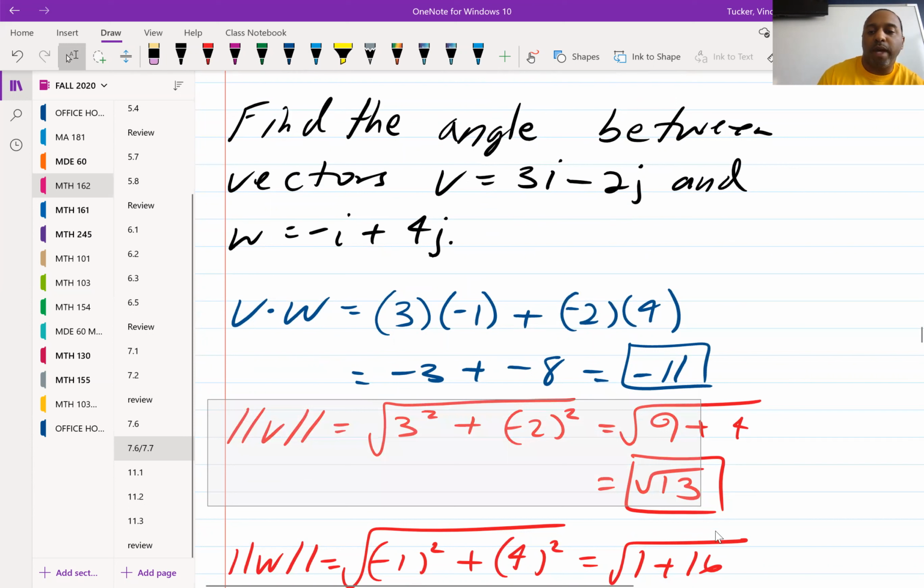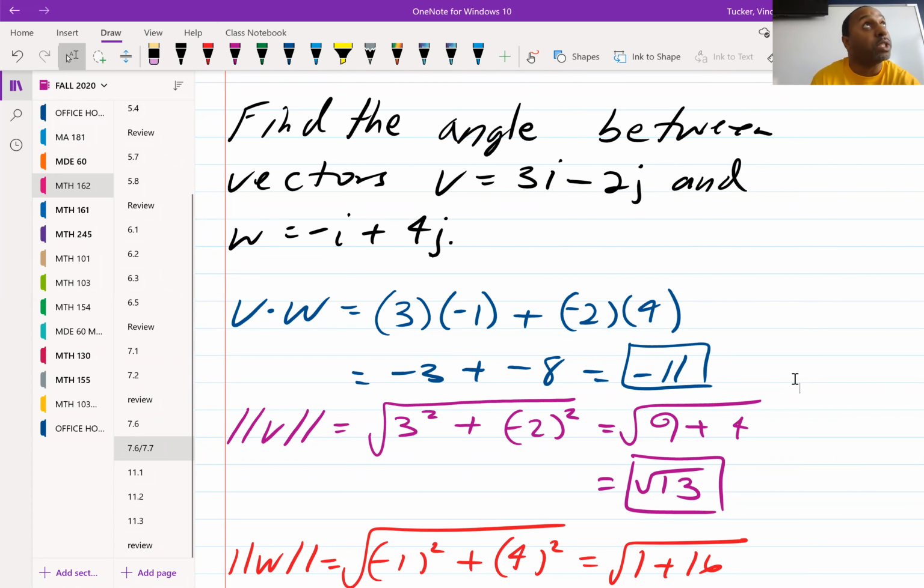And then we need to find the magnitude of v, where you square a and square b, add them together, and take the square root of the sum. So that's 3 squared plus -2 squared. It's 9 plus 4, which is 13.